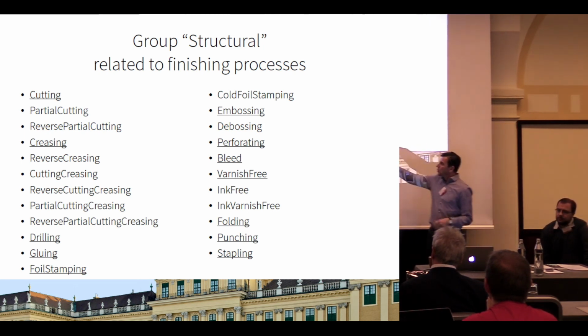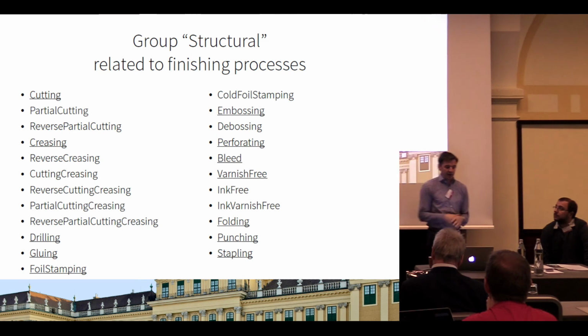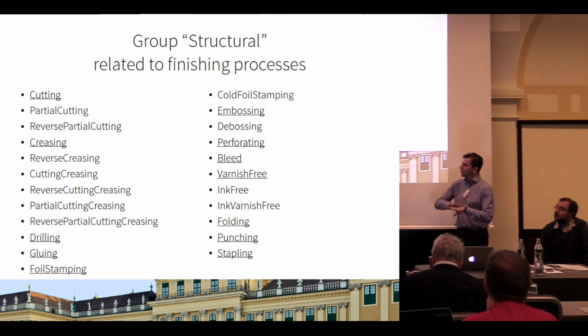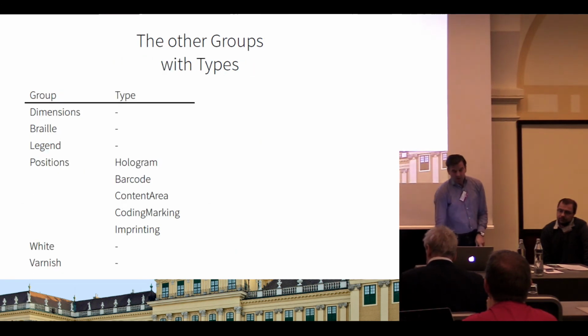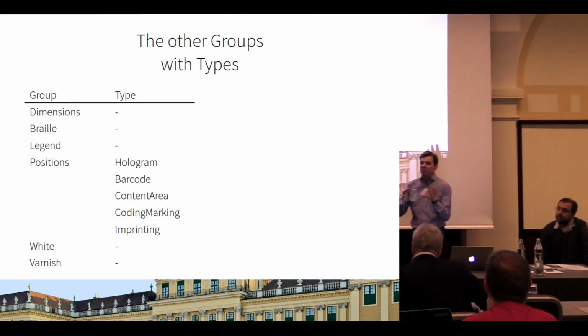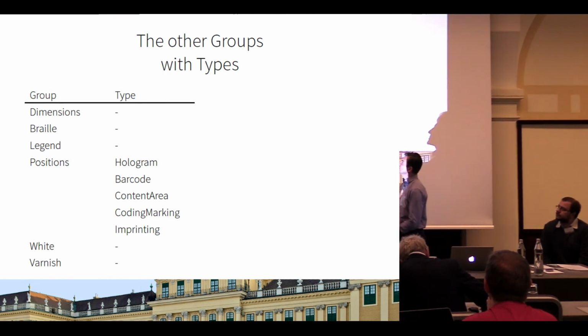And of course, the gluing would be important information also for the printing, because usually I don't want to print where the gluing is going on. So just to complete the picture, this is all I have about concrete metadata. So what names, what strings can be used in this metadata.